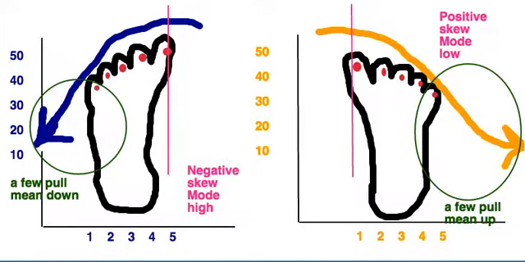Now, if we were to look at the median, the median is the middle score, and about 50% of people are going to score above the median, and 50% of the people are going to score below. Now, it doesn't look that way with this toe, but remember, most of the scores are falling with the big toe and the middle toe.